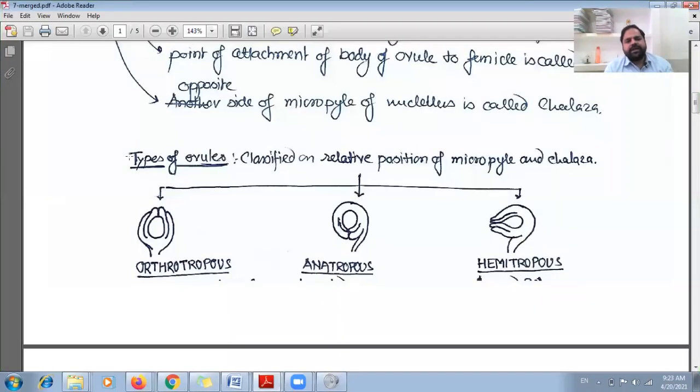Now we'll see the types of ovules, which have been classified on the basis of relative positions of micropyle and chalaza. So on the basis of the relative position of the micropyle and chalaza end, which are present on opposite ends, the ovules are mainly classified into three categories.